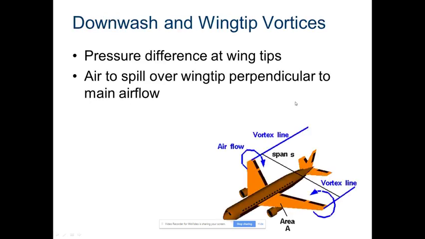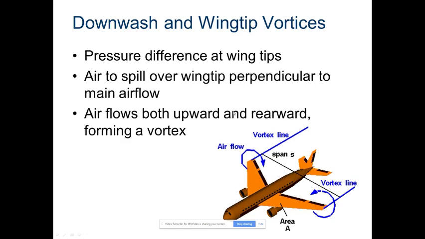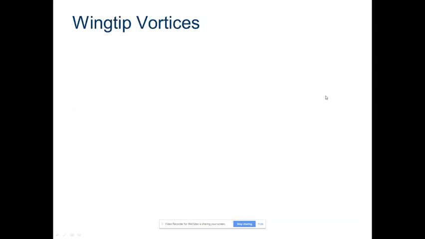Downwash and wingtip vortices: there is a pressure difference at the wing tips. You can have air spill over the wingtip perpendicular to the main airflow. Air flows both upward and rearward, forming a vortex, and that will decrease lift and increase drag.